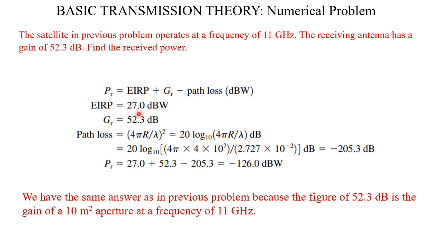EIRP is 17 dB watt, GR is 52.3 dB, and path loss that we can calculate turns out to be 205.3 dB. So PR becomes 27 plus 52.3 minus 205.3, that is minus 126 dB. So we have the same answer as in the previous problem, because the figure 52.3 dB is the gain of a 10 meter square aperture antenna at a frequency of 11 gigahertz. Okay.